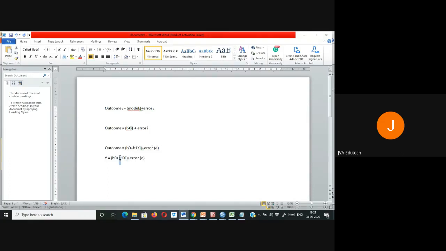A parameter b1 is associated with this predictor variable x, and because it is a coefficient, it quantifies the entire relationship of this x with the outcome variable y.